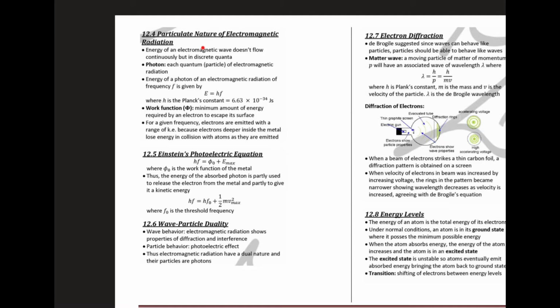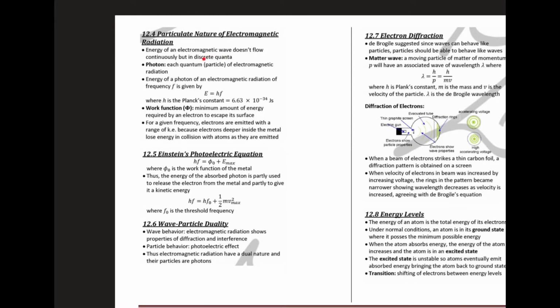Let's say the UV light has energy of 200 joule, 500 joule, and then 1000 joule, for example. 200, 500, and 1000 only.